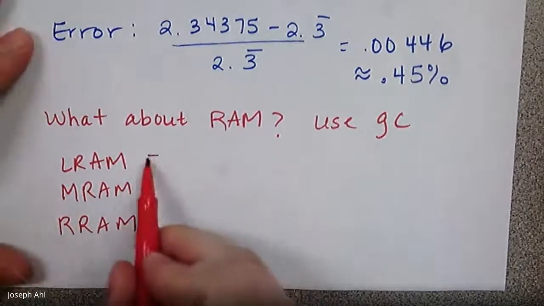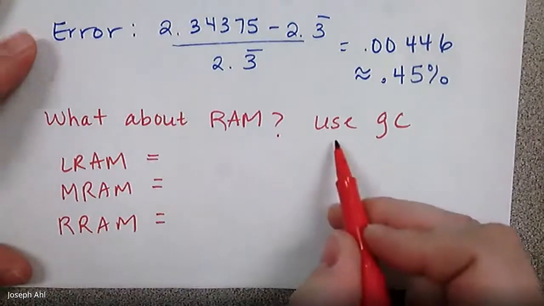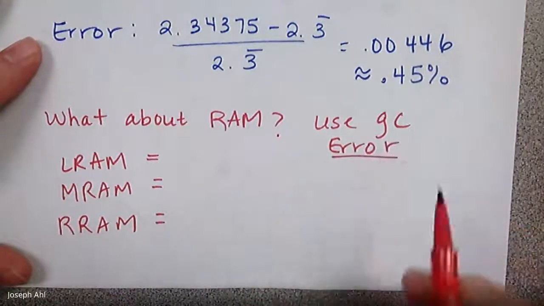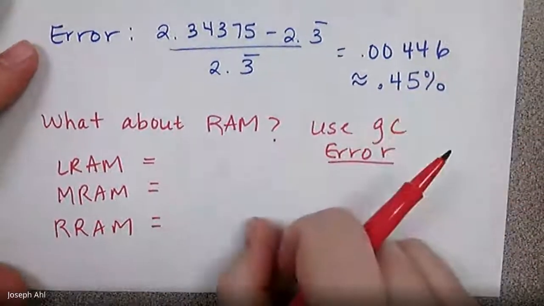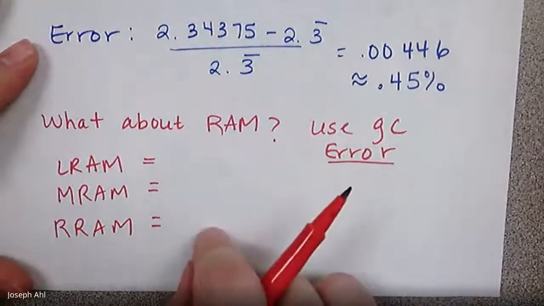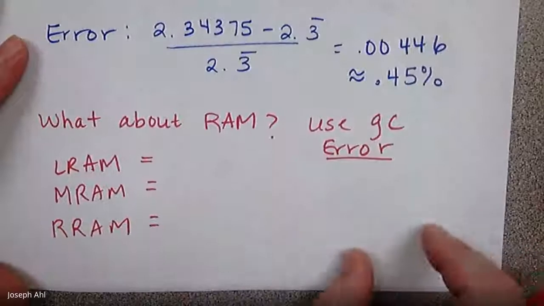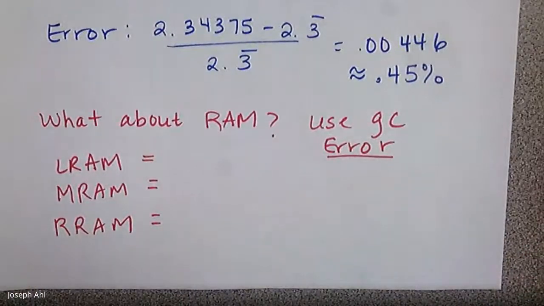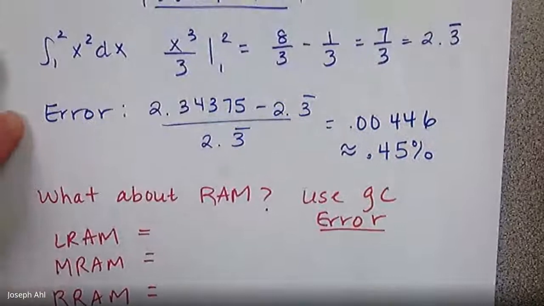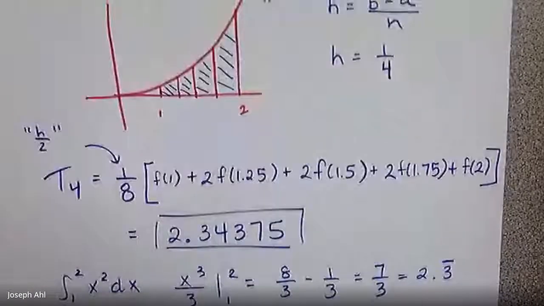And once you get those 3 answers, I want you to calculate the error within those 3 answers and compare the error to what we had for trapezoids, okay? So next time I see you, we'll go over that information real quick. We'll figure out what the RAM approximations are and then see if the error is pretty close to what we have for the error for trapezoids, not so close, and how we feel about using rectangles as opposed to using trapezoids, okay?